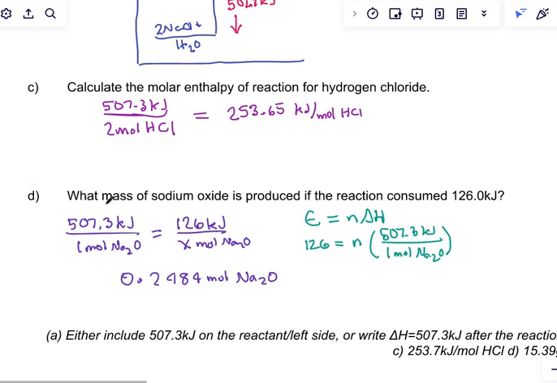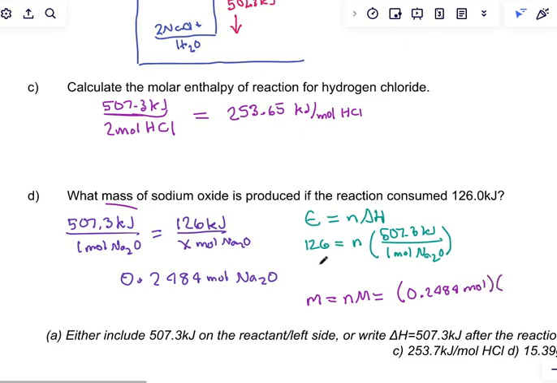But they didn't ask for moles, they asked for the mass of sodium oxide, so one more step. Mass equals number of moles times molar mass. We have 0.2484 moles of sodium oxide.